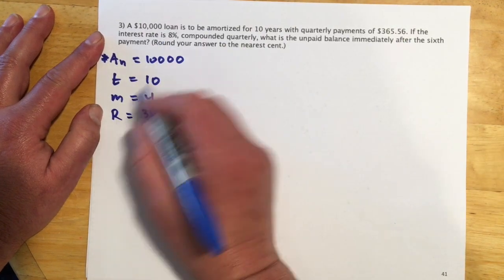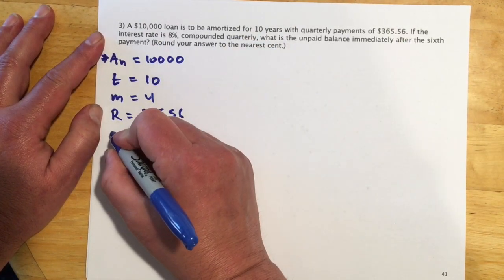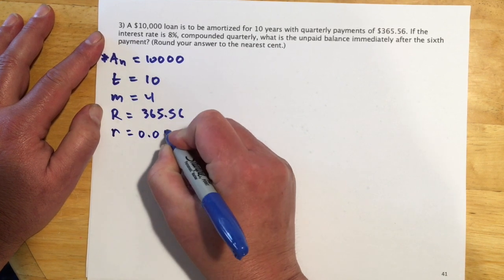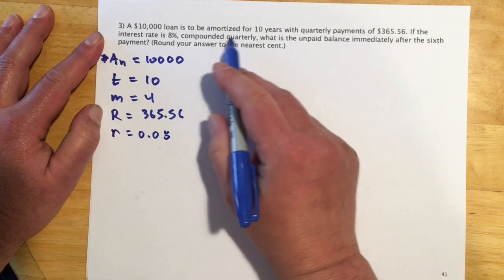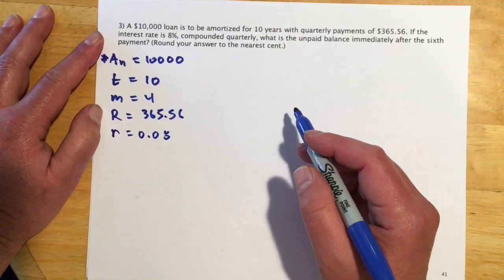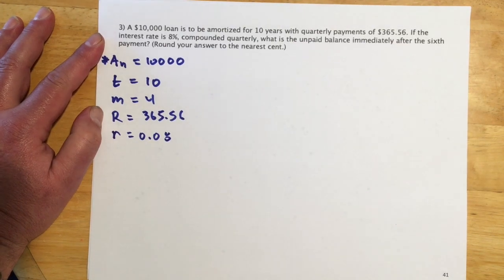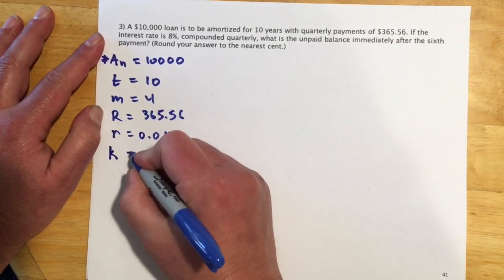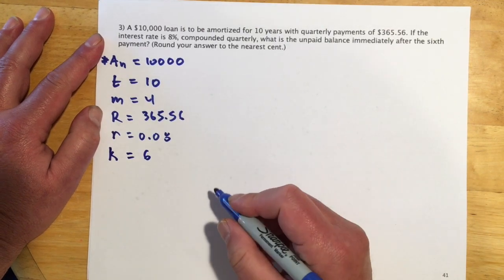Rate is 8% compounded quarterly. We already got the quarterly, so little r is 0.08. What is the unpaid balance immediately after the sixth payment? So remember, K is the number of payments made. And so immediately after the sixth payment, K would have been 6, they've made 6 payments.